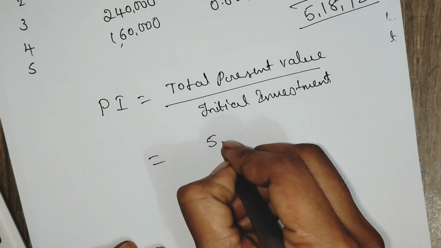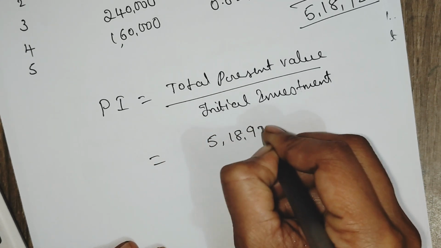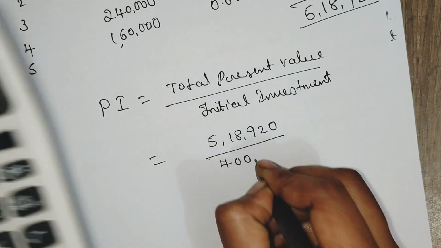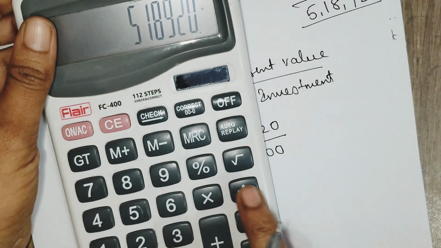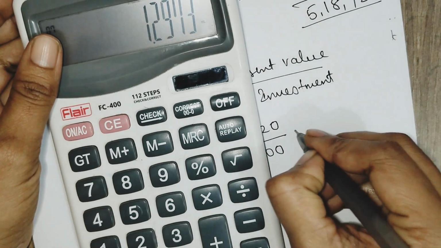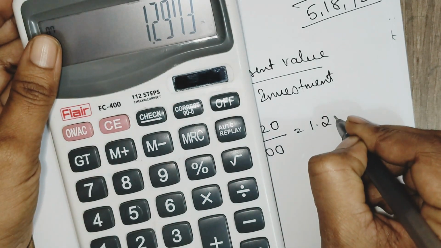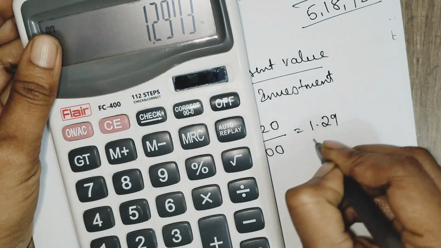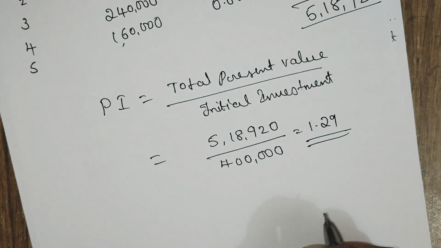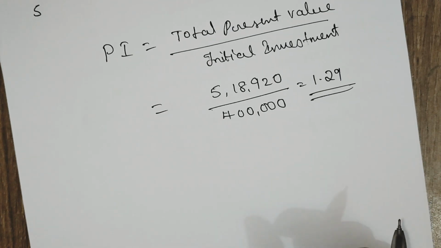Total present value is 5,18,920 divided by 4 lakh, which is 1.29. 1.29 is the profitability index for machine A.